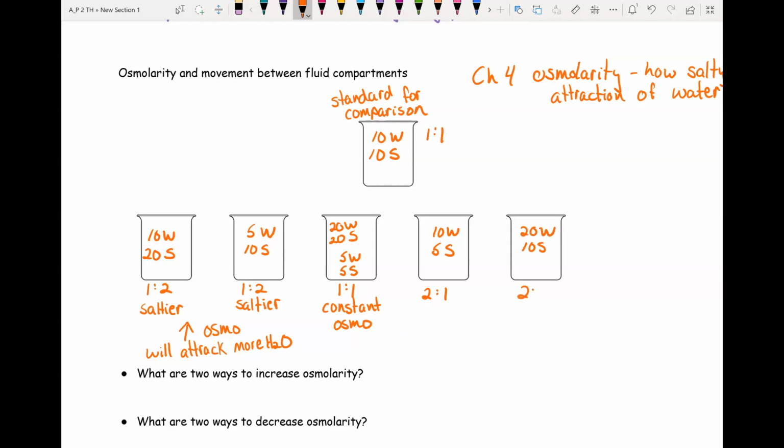And again, you're going to have 2 waters for every 1 salt. So in both of these cases, we diluted the salt. We made it less salty. So this decreases the osmolarity. Anytime you reduce the saltiness, you decrease the osmolarity. And so this is now less attractive to water.